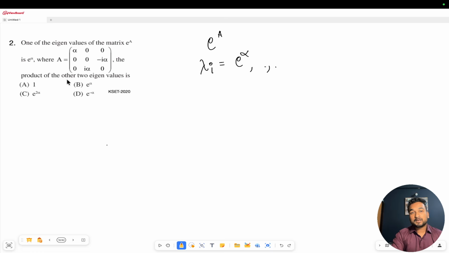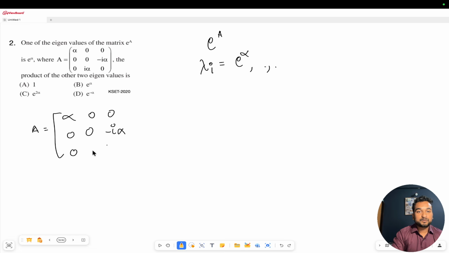The product of the other two eigenvalues is... so first you have to calculate the eigenvalues of this matrix. So this matrix is: alpha 0 0, 0 0 minus alpha iota, 0 iota alpha 0. So how to calculate the eigenvalues?